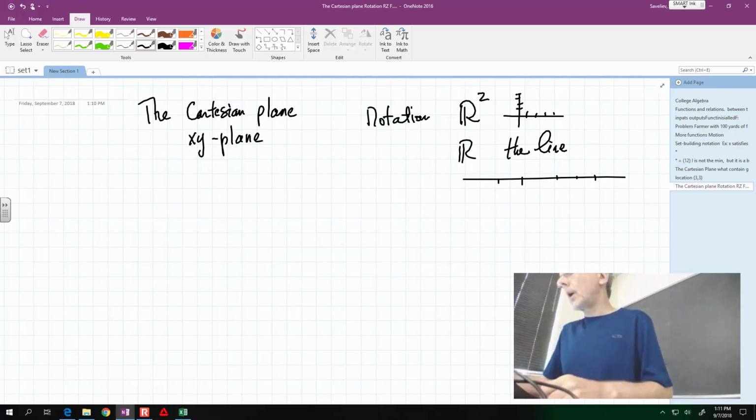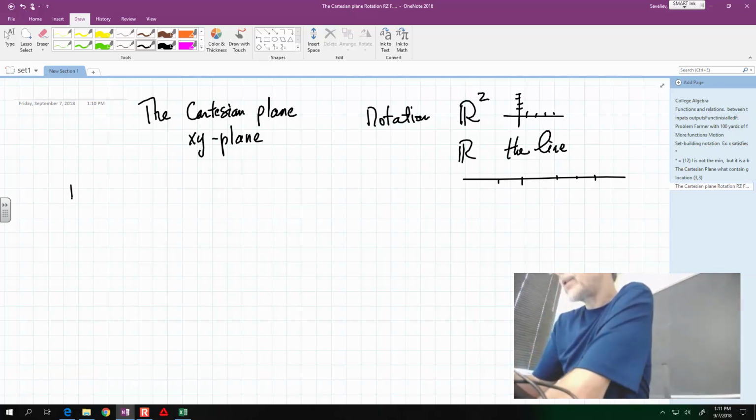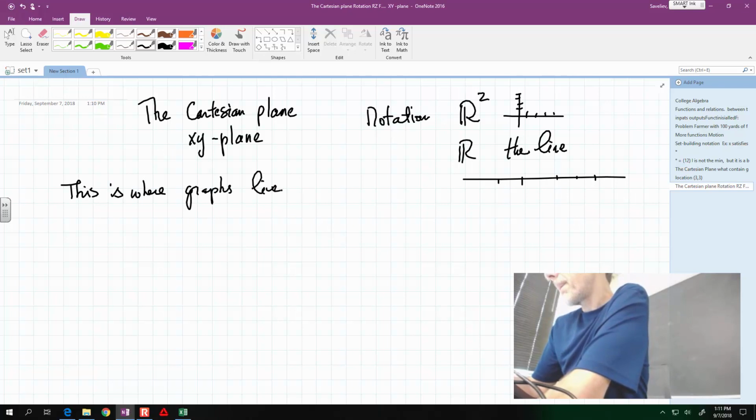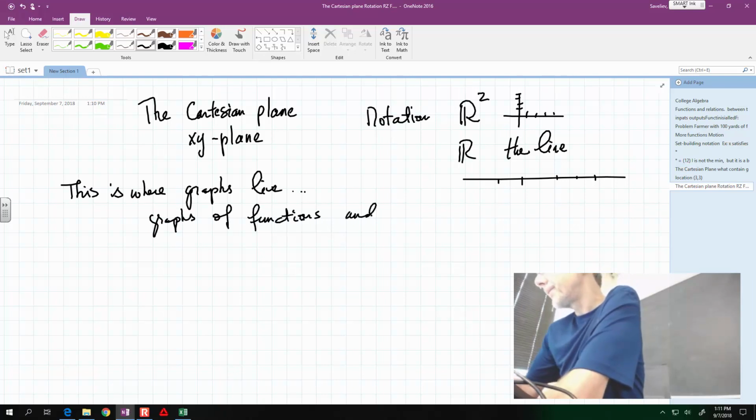Okay, so now this is where graphs live. Graphs of functions, as we just discussed last time, but also relations.